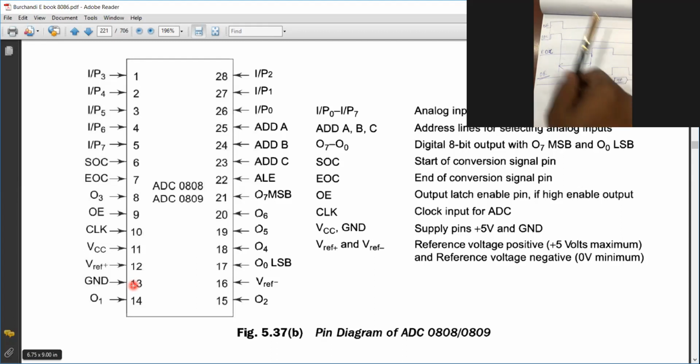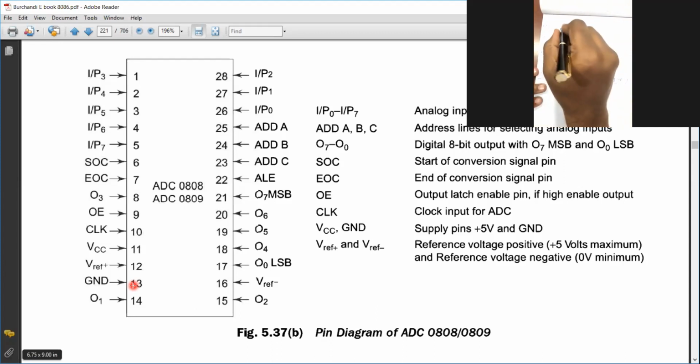So with respect to the microprocessor, or with respect to 8255, this signal is an output signal. This signal is also output.